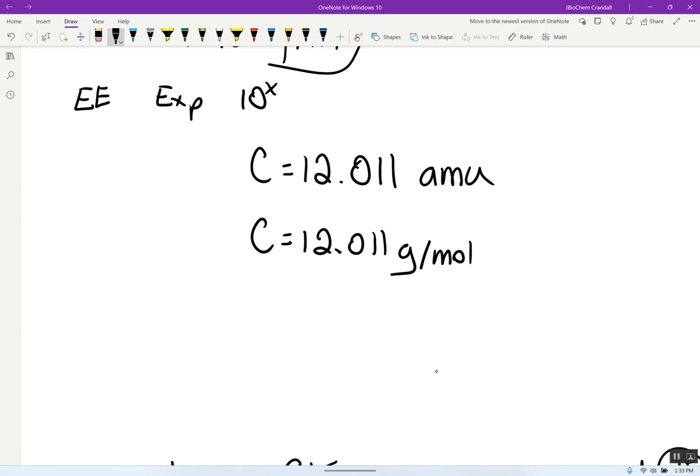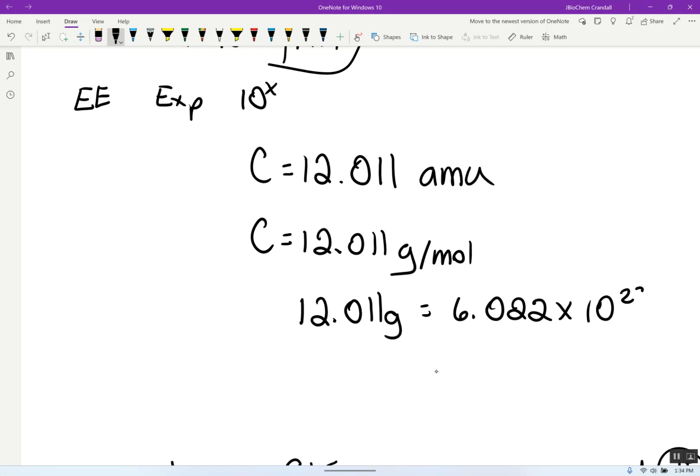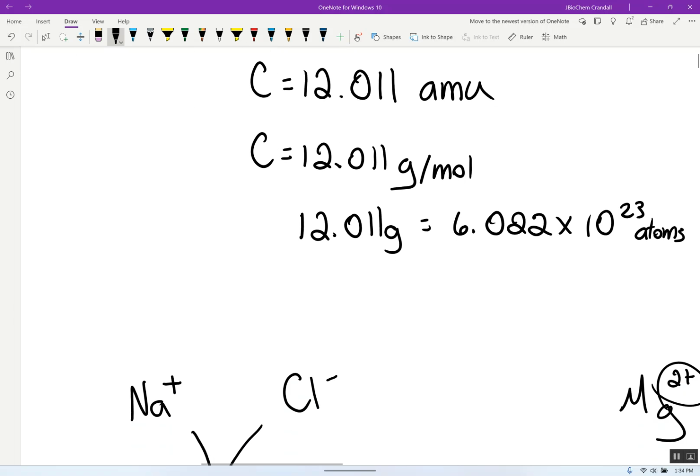I get a sample of it, and I weigh it out to 12.011 grams, that means I have 12.011 grams of carbon is equal to 6.022 times 10 to the 23rd atoms of carbon. So, the amounts you find on the periodic table, they are conversion factors.